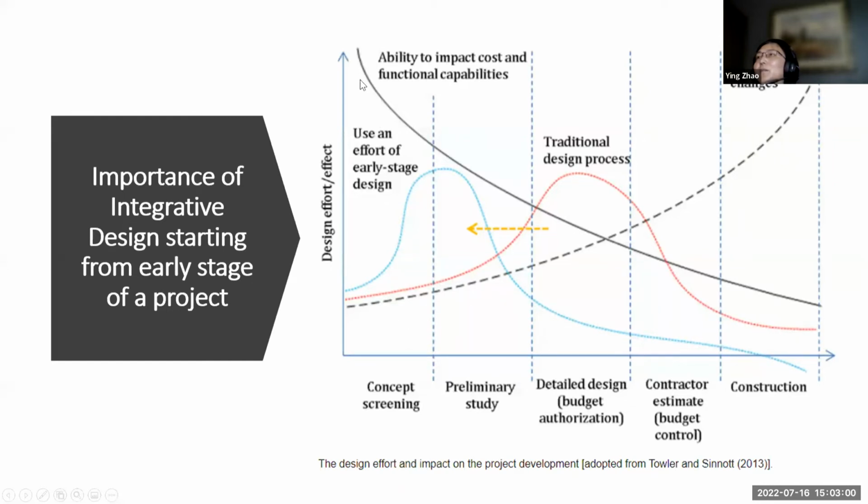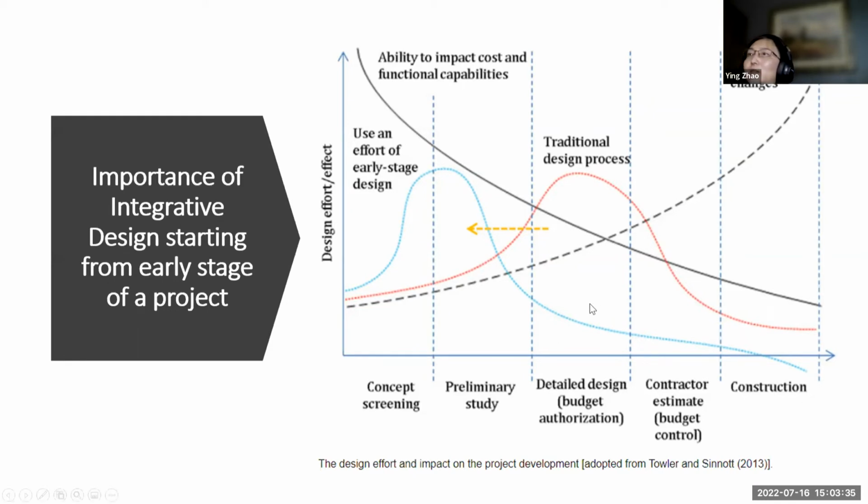The ability to impact the cost and functionality of the building is very high in the early phase, but very low in the later phase, especially during construction. So if something goes wrong in the design, the cost will be very high to change, or it may even be impossible to change later in construction. Even a very small change will be quite expensive.